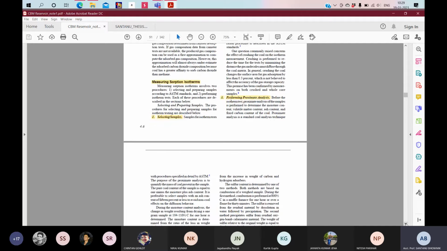Now, when you have prepared the sample, you know that it depends on the coal sample. Suppose a coal seam is lying from 100 meters to 150 meters of depth, dipping, and spreading over an area of 1 kilometer.